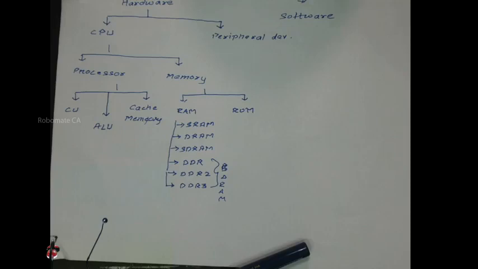And once the operating system is loaded in RAM, the work of ROM is over. And then ROM says, okay, everything is loaded, my work is over, I'll go to sleep. And then RAM starts working. It works until you give the command of shutting down.